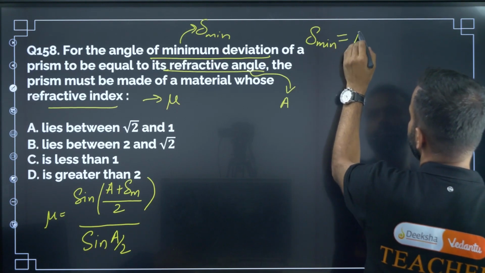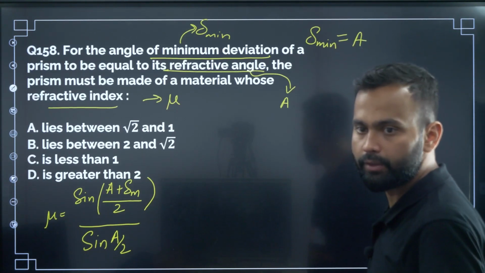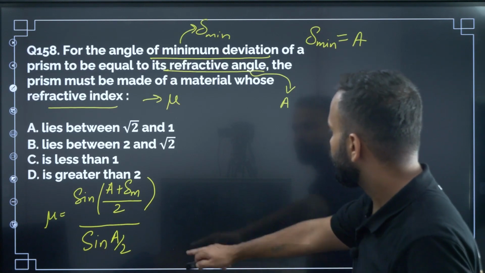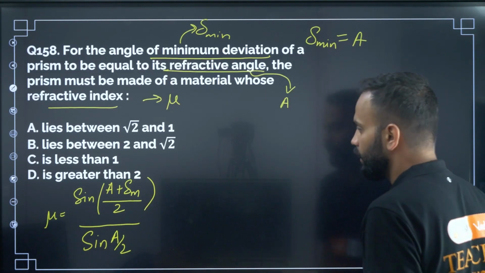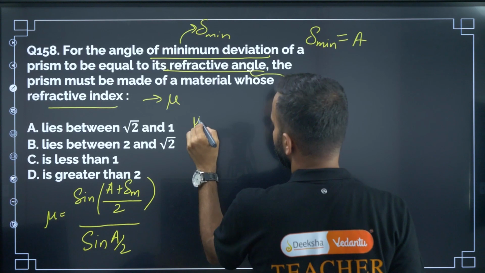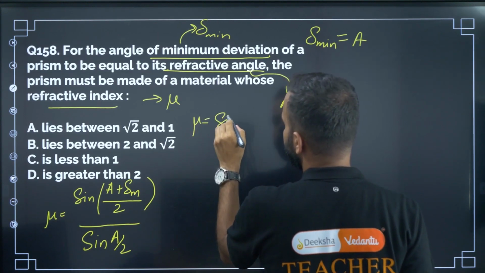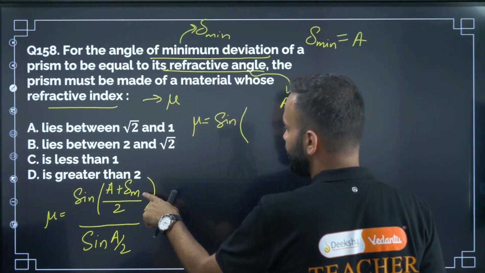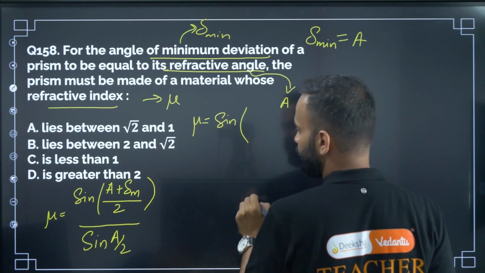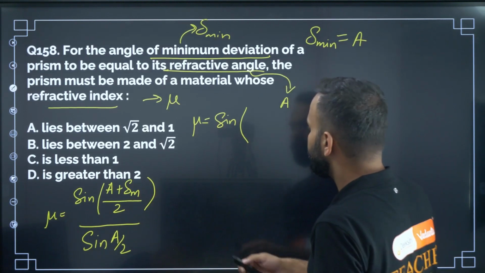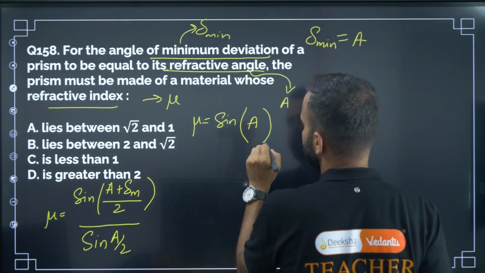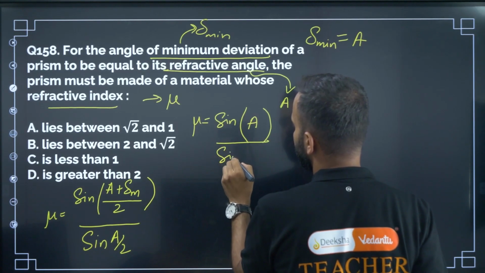Now here delta m is equal to A, according to this question. So mu is equal to sine of (A plus A) divided by 2, that is 2A by 2, the 2s get cancelled, it is just A, so sine A divided by sine of A by 2.